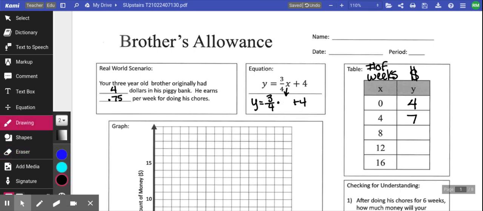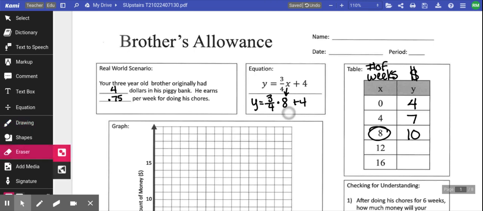Not 4 weeks. Now we have 8 weeks. So we're going to plug that in here. So 3/4 times 8. So 3/4 times 8 is 6. So 6 plus 4 is 10. Okay, and we're going to continue. We're going to go and see how much money he has at 12 weeks.